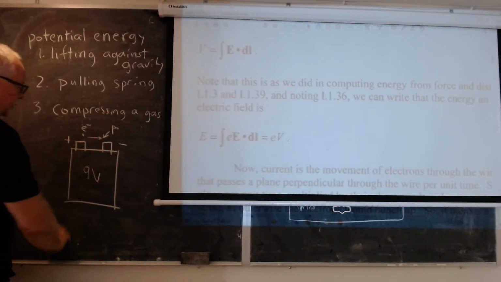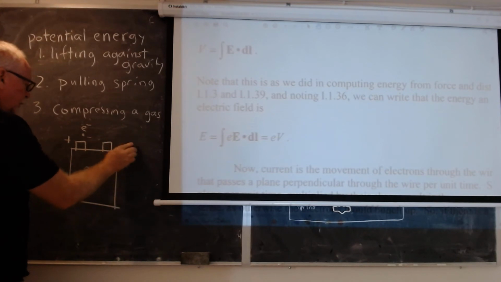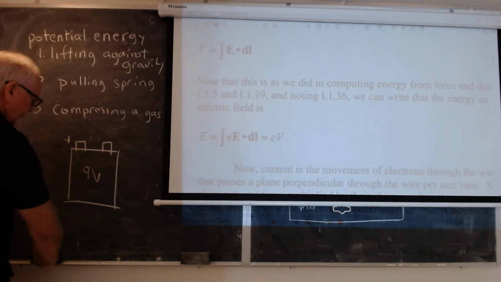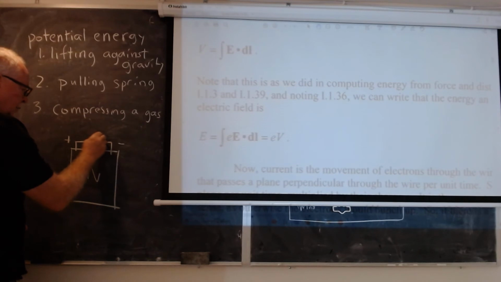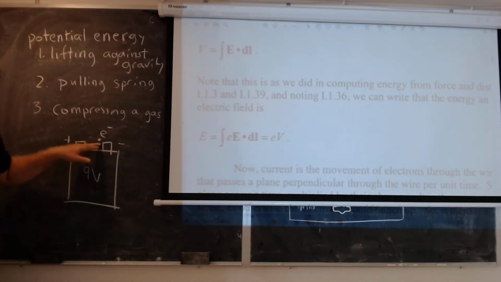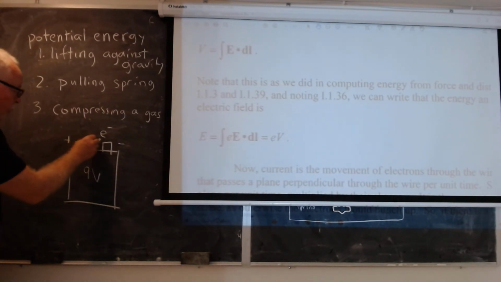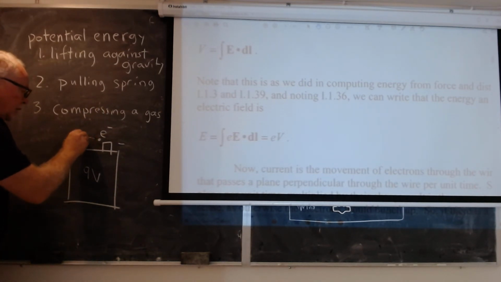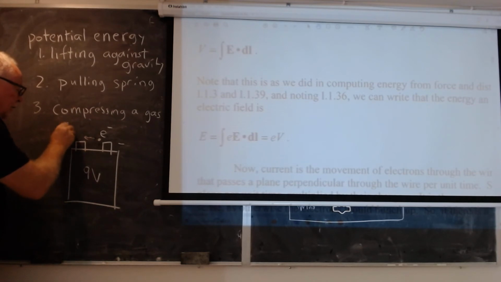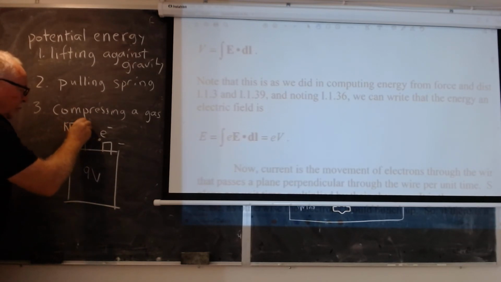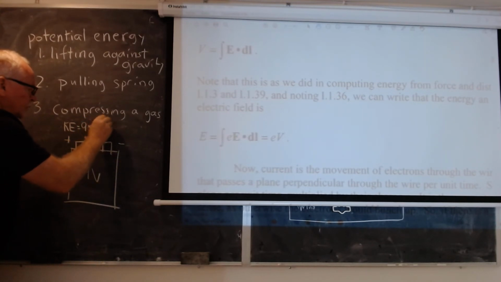Let's do it the other way, because I don't want to get this mixed up. Let's say I take an electron and I put it near the negative terminal. Like charges repel, and so if I were to let go of that electron, it would go winging over here, and by the time it got over here, its kinetic energy would equal 9 volts times the charge of an electron, which is 1.6 times 10 to the minus 19 coulombs.